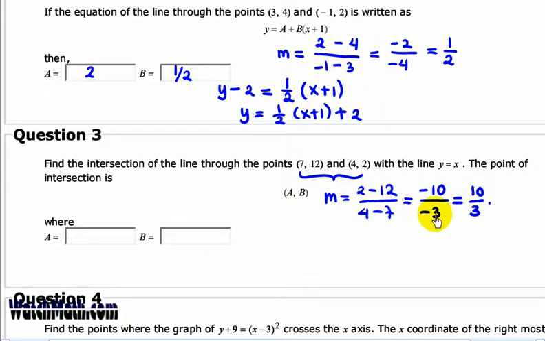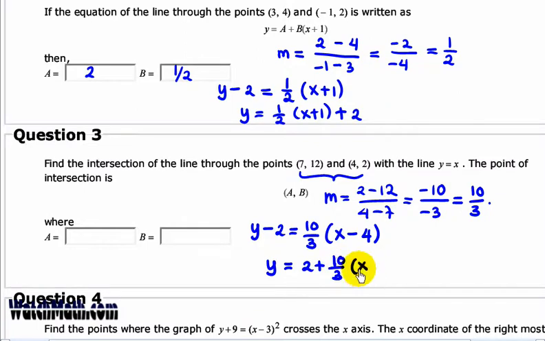This is the slope, and so the line passing through the 2 points in the point slope formula will be, I will take this point, y minus 2 equals 10 over 3 times (x minus 4). So y is equal to 2 plus 10 over 3 (x minus 4).